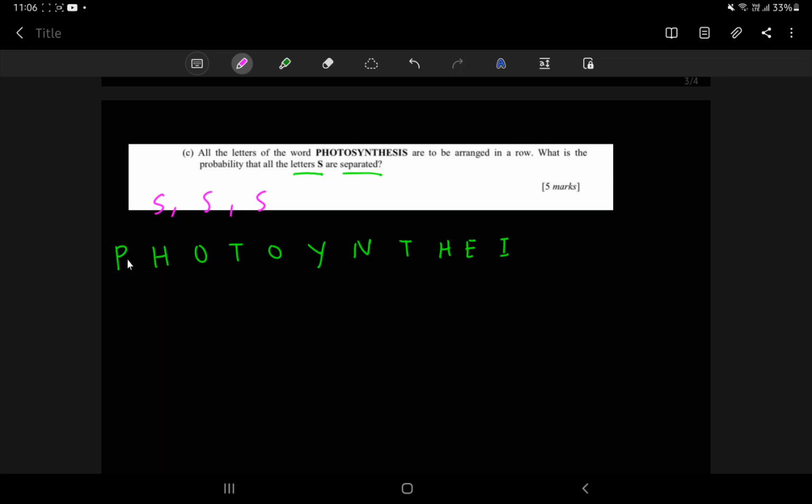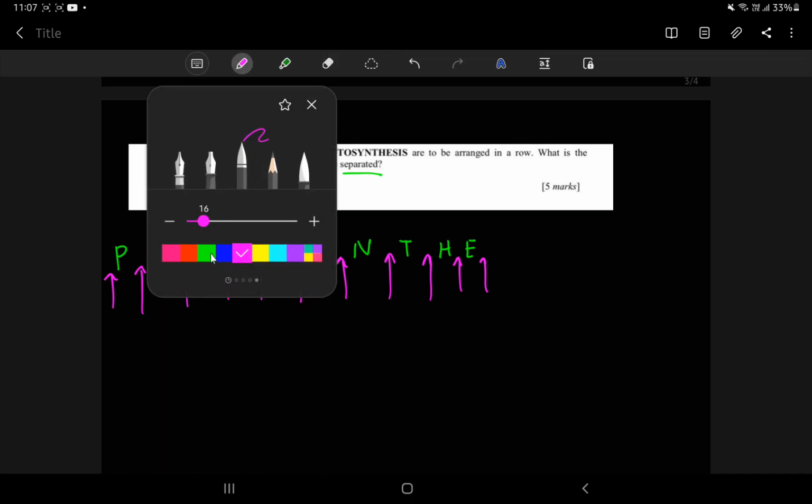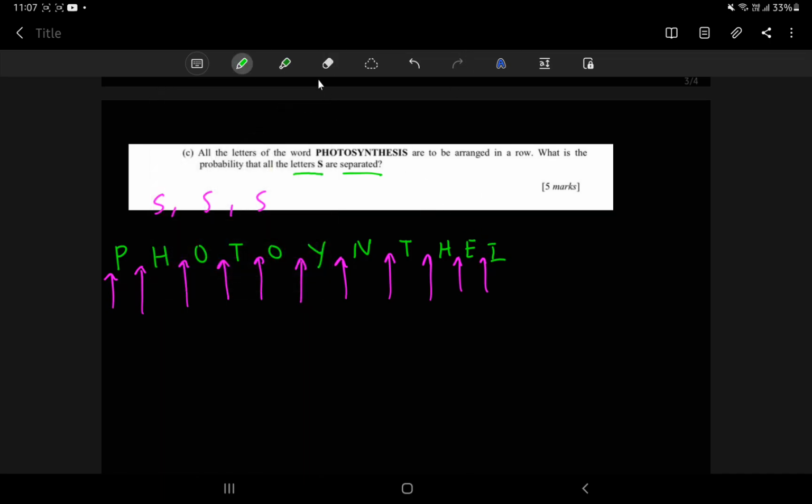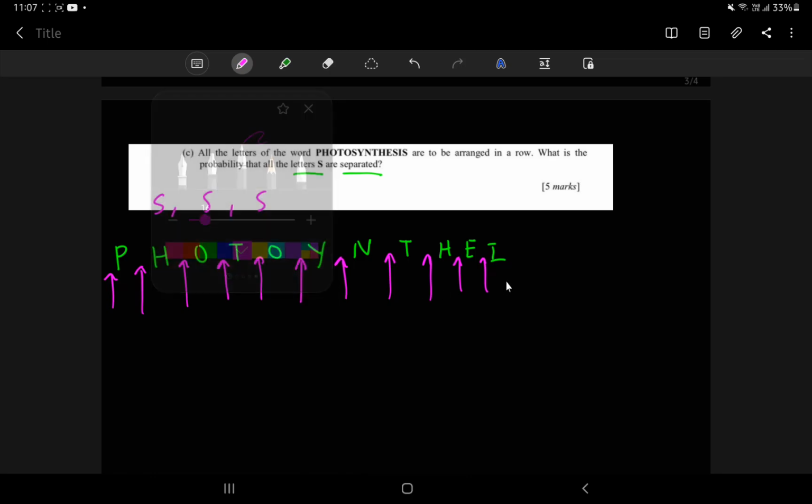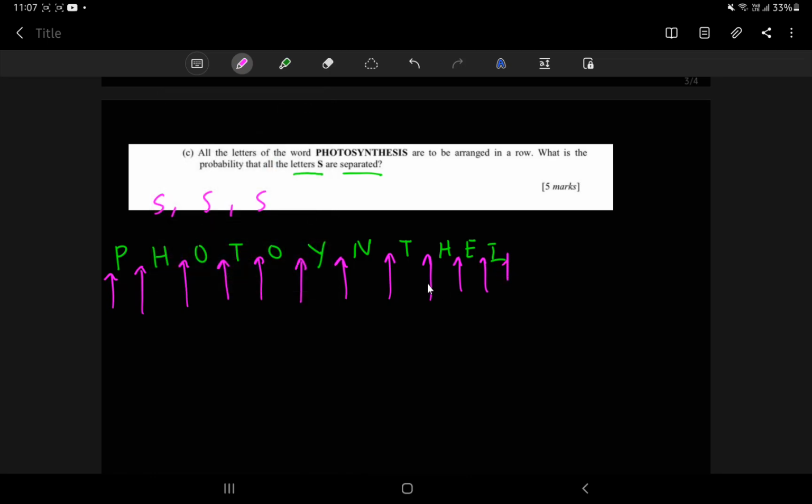So we can put the 3 S's in the gaps between these letters. We can put one here, between this gap, and in that gap, and this one also. The last gap is after the I. So we can put S in such a way that they are separated.